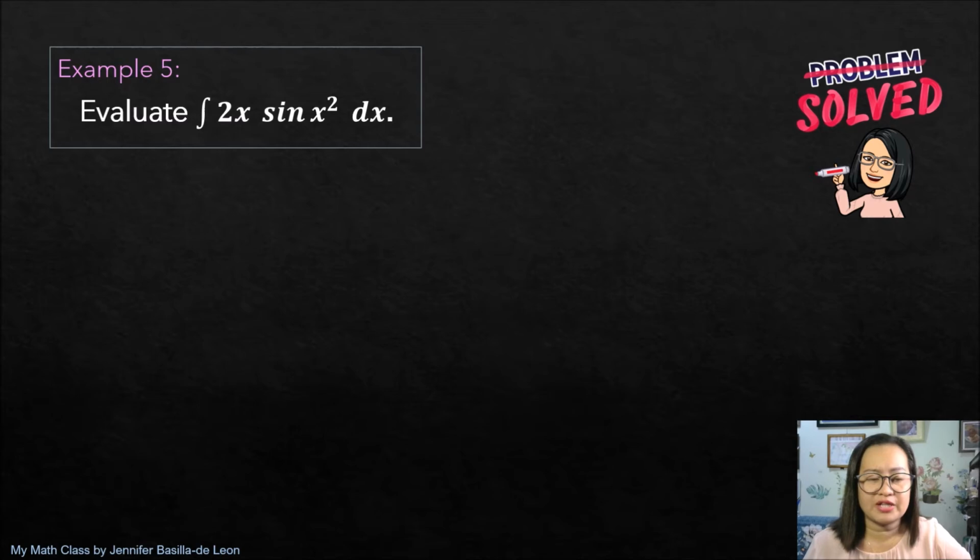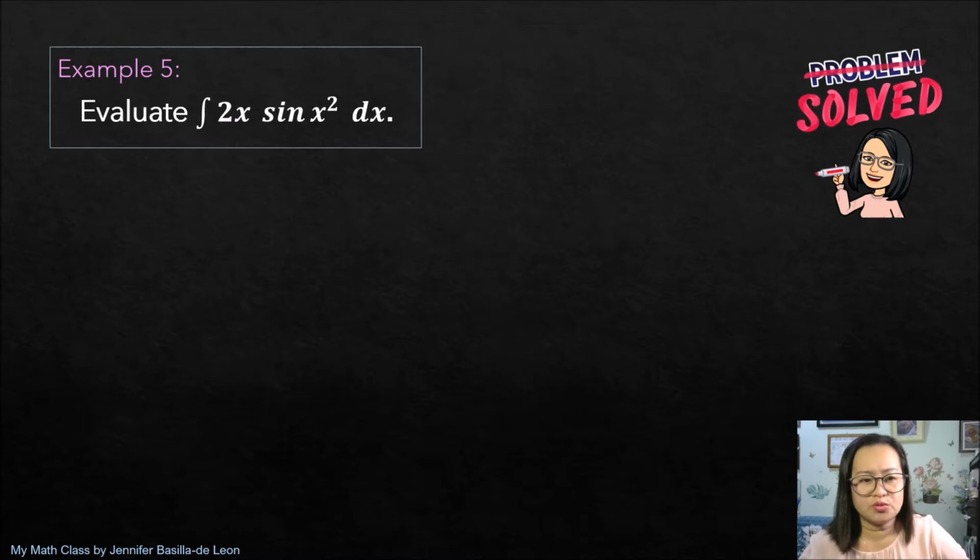Now let's have example number 5. Evaluate the antiderivative of 2x sine x squared dx. Using the integration formulas involving trigonometric functions, we cannot apply any of these rules directly in order to find the antiderivative of the given function.